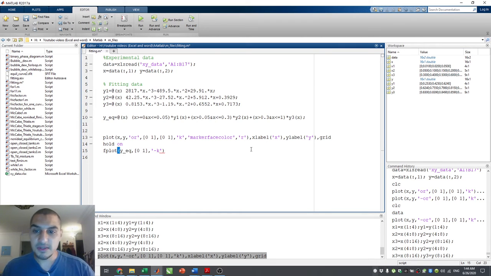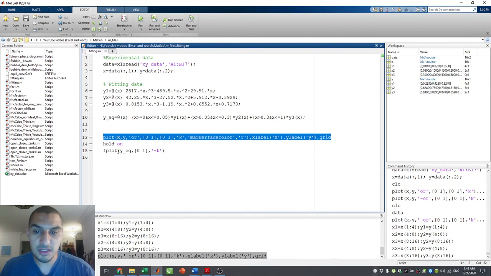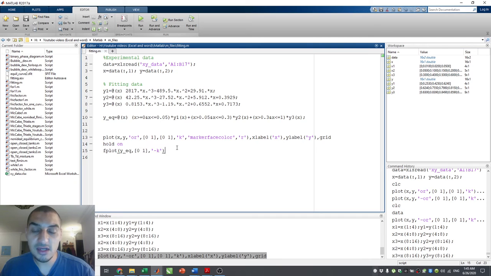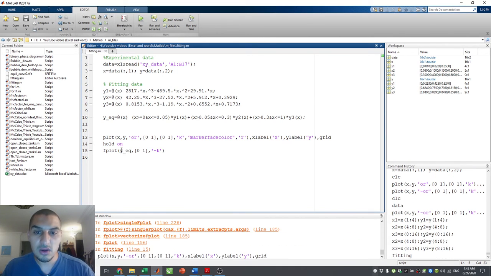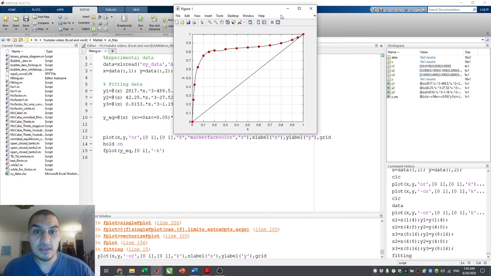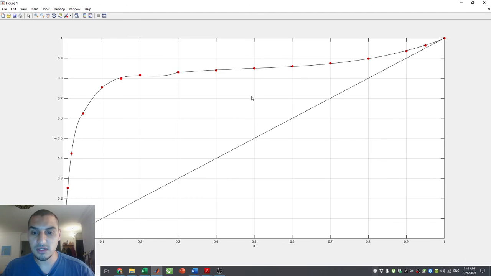So what I'm expecting now before I run the file is that I would have two plots, one for the experimental data and one for the fitted data, and I'm confident that the function plot would be passing through all the points on the curve. And this is exactly what I found here. It is impressive actually to see that the curve is passing through all the points with a function handle.